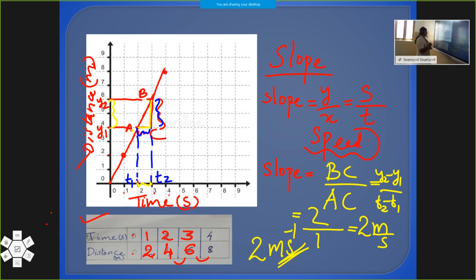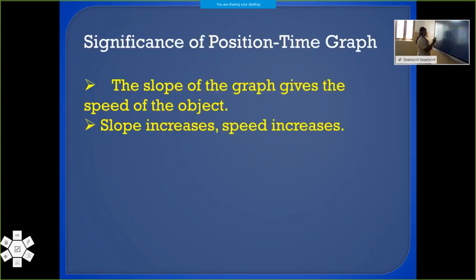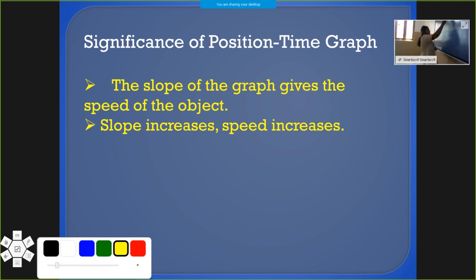So what is the importance of this distance time graph for an object in uniform motion? That graph gives the speed of the object, right? We can identify the position, and it gives the speed. That is the importance of the distance time graph. Children, the significance of the distance time graph: here the teacher has written position time graph.